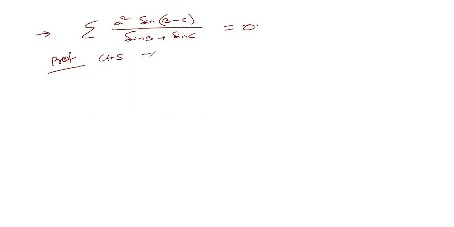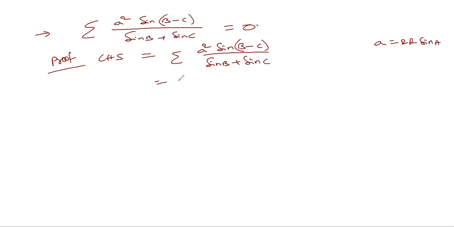Left hand side let us consider. Clearly you can see that the left hand side is sigma a² sin(B − C) divided by (sin B + sin C). You can see a is 2R sin A, so it is sigma (2R sin A)², so it is 4R² sin²A × sin(B − C) divided by (sin B + sin C).